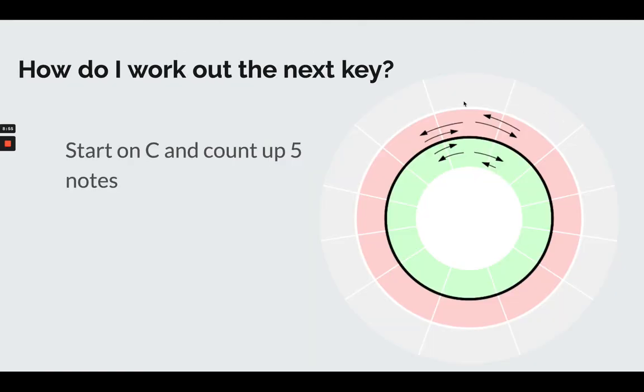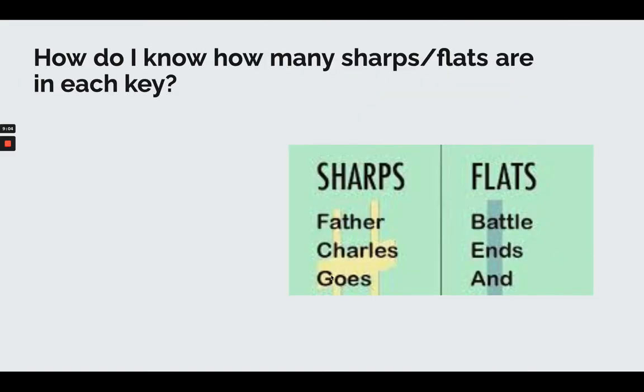Our next key up is A major. And we know that we're going up in sharps, so that is going to be Father Charles goes. That means we're going to have F sharp, C sharp, and G sharp.